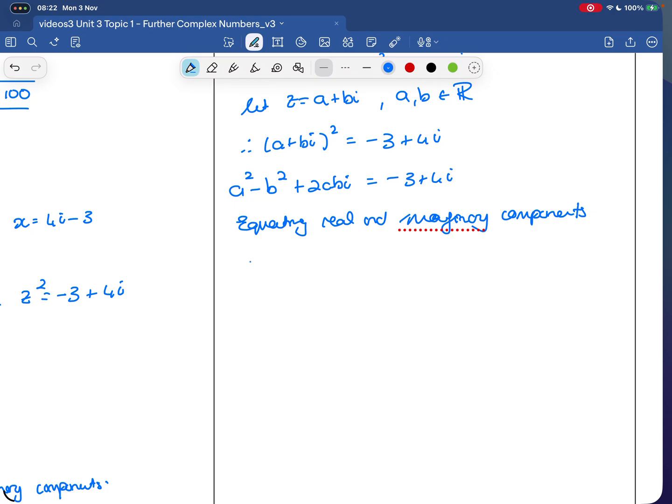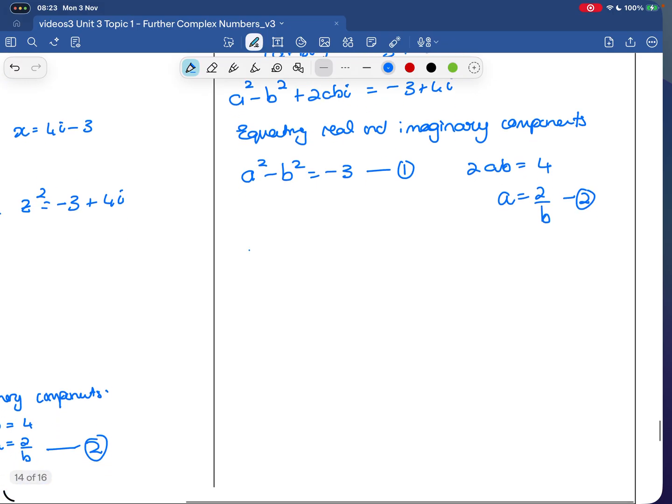And then we get a squared minus b squared is negative 3 as our first equation, and 2ab is equal to 4, and that gives me that a is equal to 2 over b.